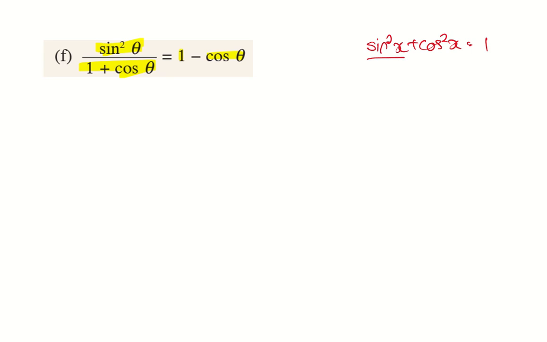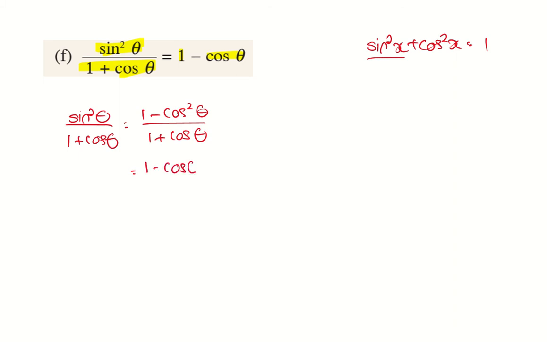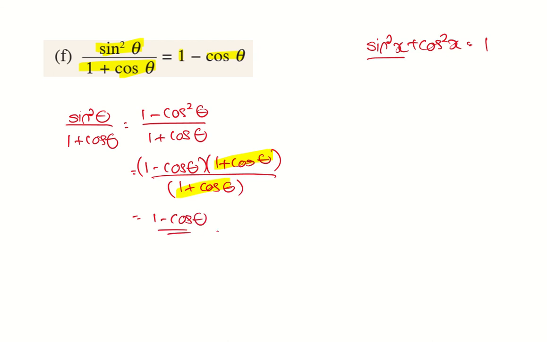So sine square theta is one minus cos square theta, conjugate appears. You notice that 1 plus cos you can cancel off, then you have 1 minus cos theta. Proven.